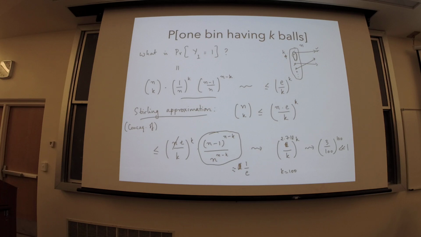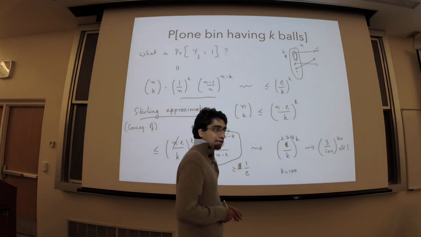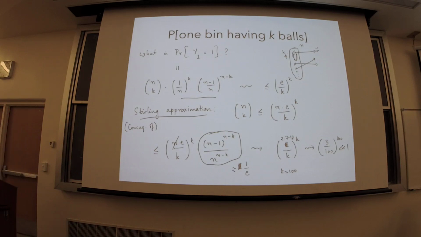No. The Stirling approximation holds for any k and any n, as long as k is less than n. There are constants that I didn't write. I think there's a 1 by e or something that you have to add if you want to be extremely correct.